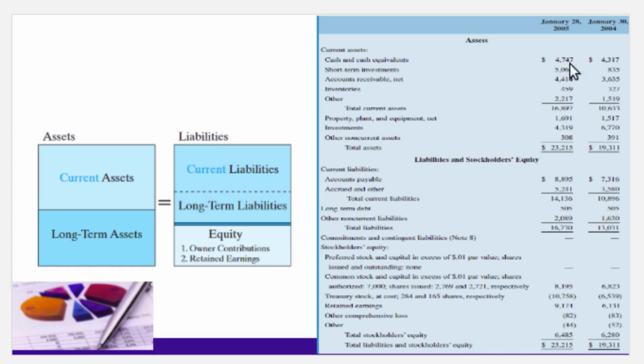The dollar amount shown in the asset portion of the balance sheet represents how much the company owns at the time it issued the report. We list the asset items in order of their liquidity, or the length of time it takes to convert them to cash. Current assets can be converted to cash or its equivalent in less than 1 year.